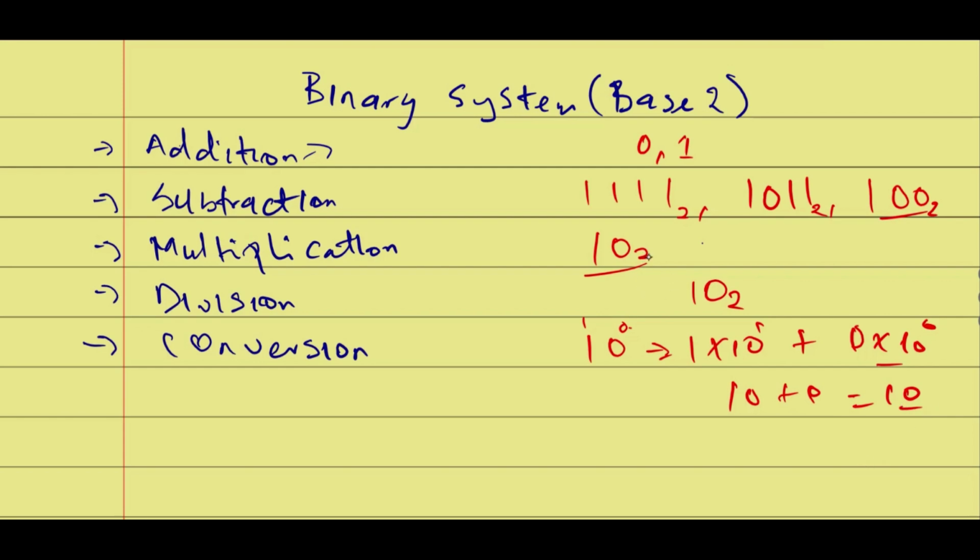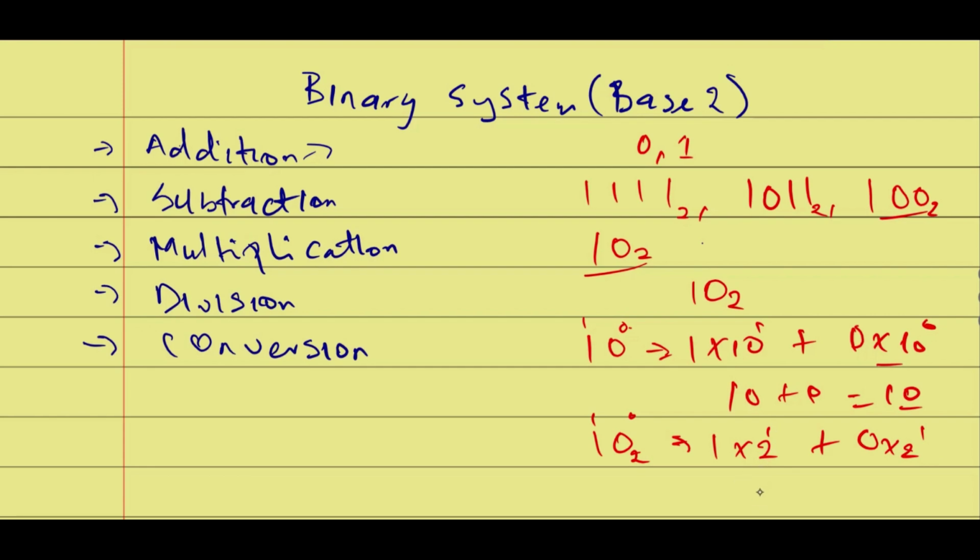But if you write base 2 right here, so we have 10 base 2, and we express this in base 2, you're going to see that the answer is going to be different. For base 2, instead of 10, we're going to replace it with 2. So we have 1 times 2 to the power of 1 plus 0 times 2 to the power of 0.